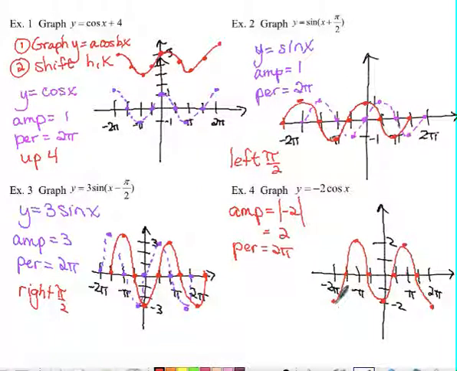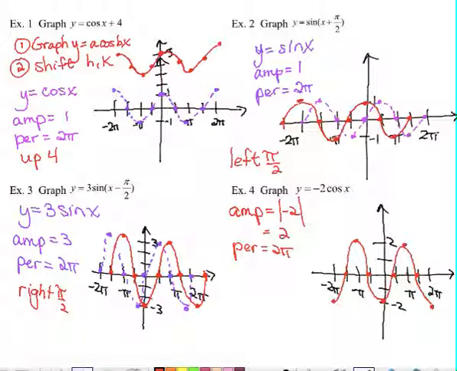So I'm down here at negative 2, it ends at y is negative 2. Okay? So when a is negative, it's a reflection over the x-axis. Okay? All right, everybody have it?